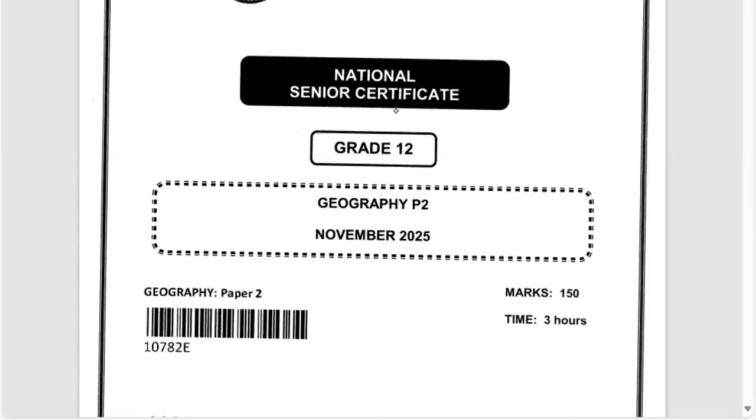So with that being said and done, I can safely conclude that we have come to the end of our discussion. And I hope this discussion is going to assist you, both for those who have written and those who will write later. They will utilize the discussion for the sake of their revision and for the sake of checking on the content. Right.